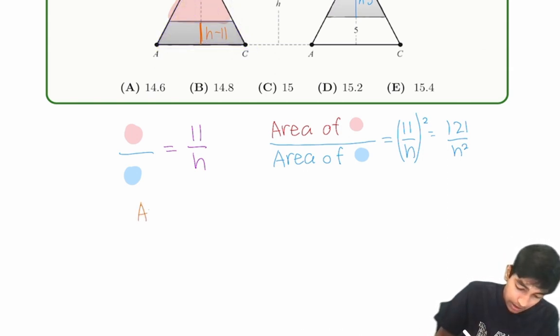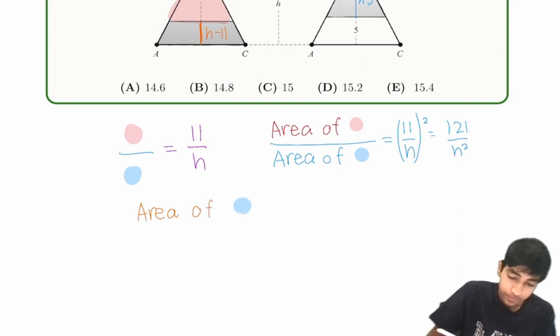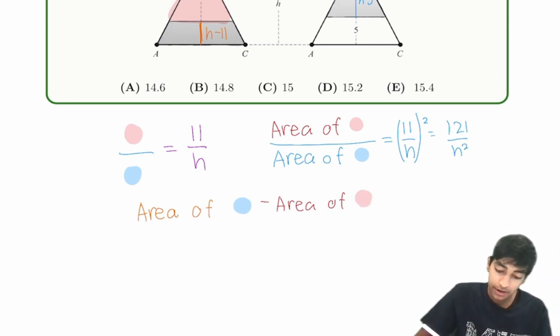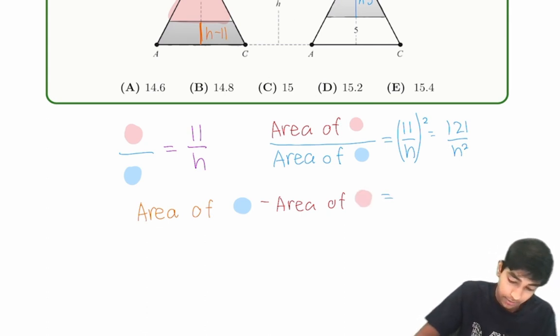So area of blue triangle minus the area of the red triangle, this is the area of the shaded region here.